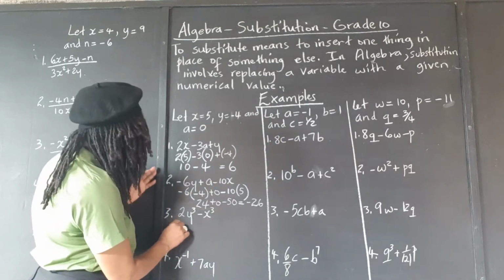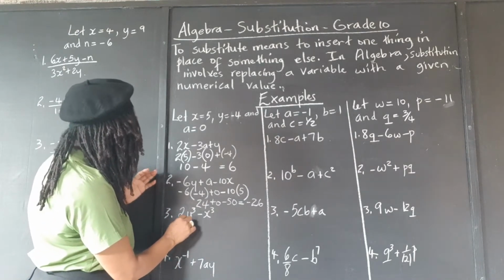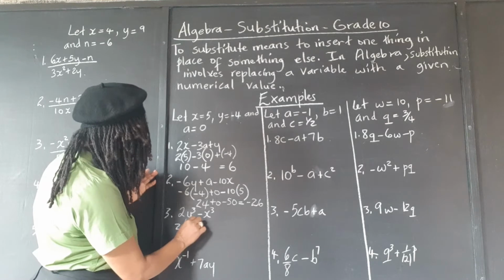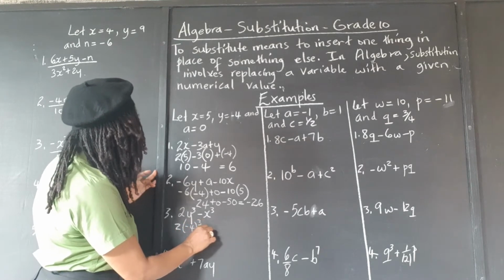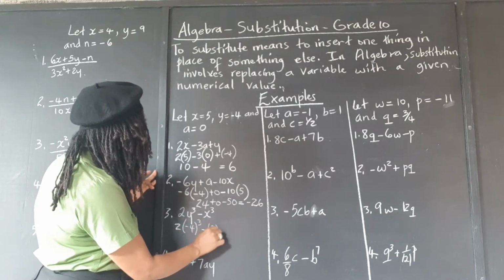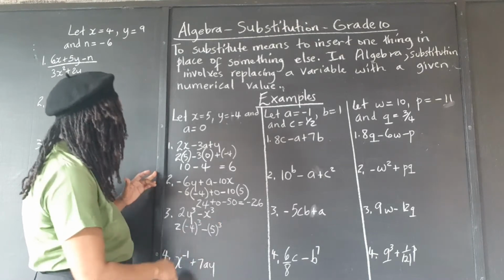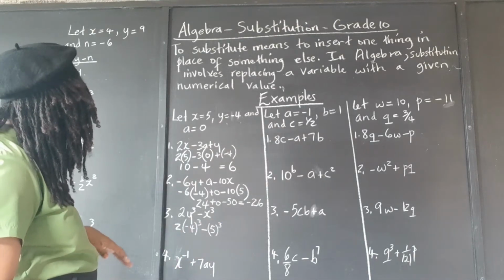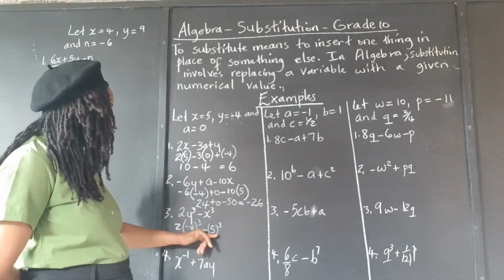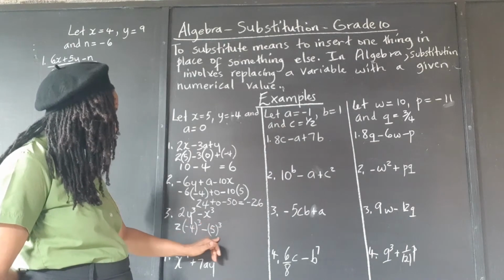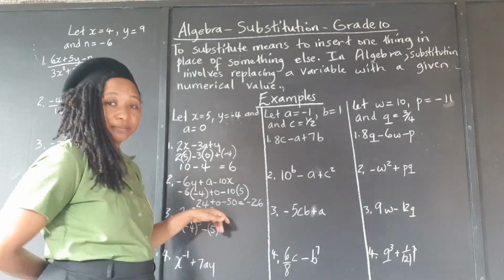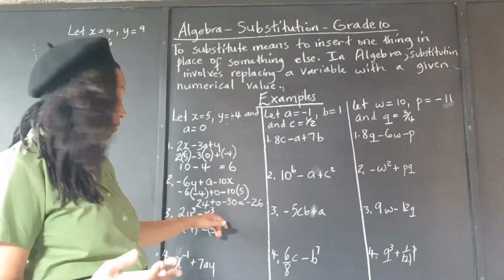2 times negative 4 to the third power minus 5 to the third power. Alright, so this is important here. We bracketed the 5 because we are raising the x to the third power.